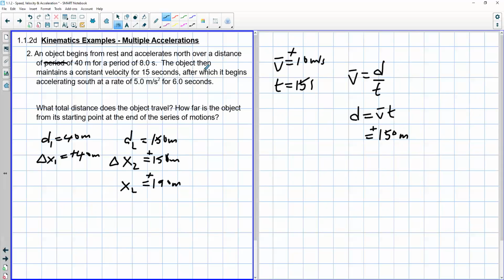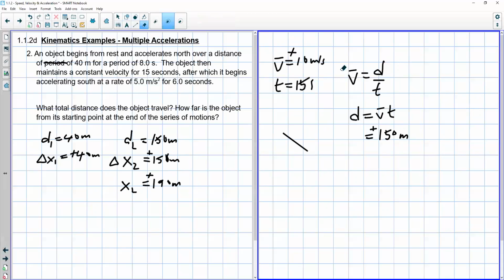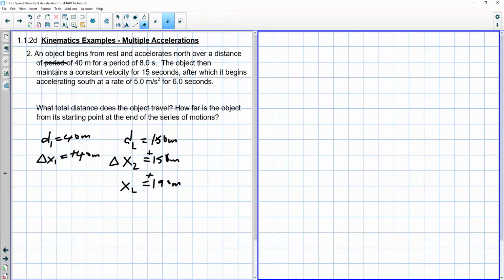All right, so now segment 3. For segment 3, the object maintains a constant velocity, then begins accelerating south at a rate of 5 meters per second squared for 6 seconds.